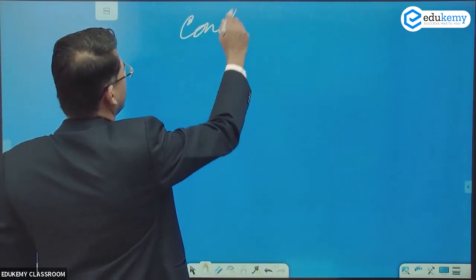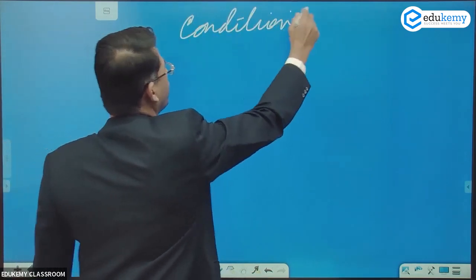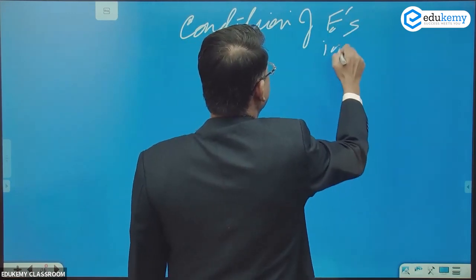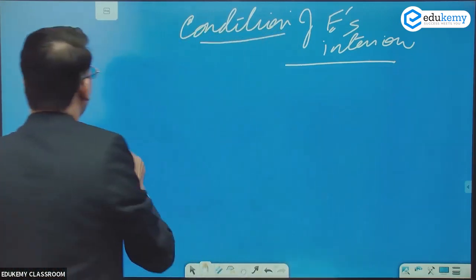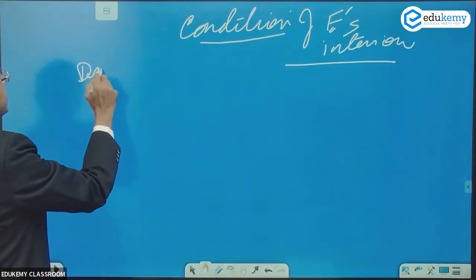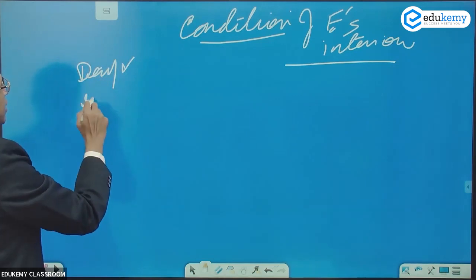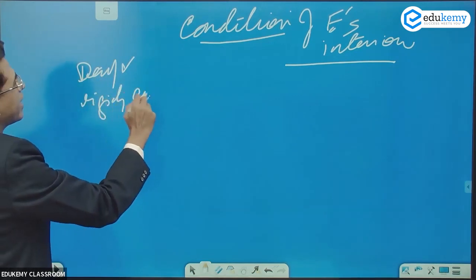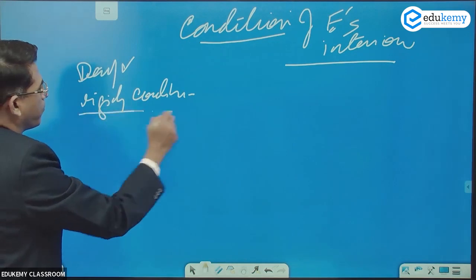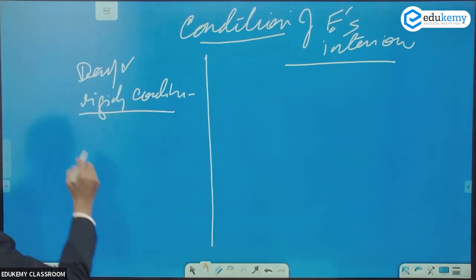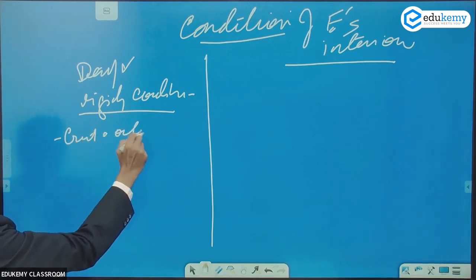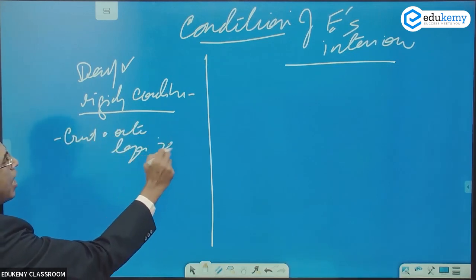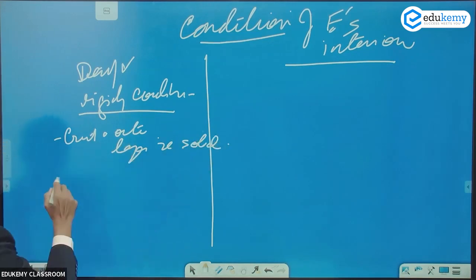Now, the condition of Earth's interiors. So one is the density and the rigidity condition. Okay, understandable? The outer layers, the crust and the outer layers are solid.